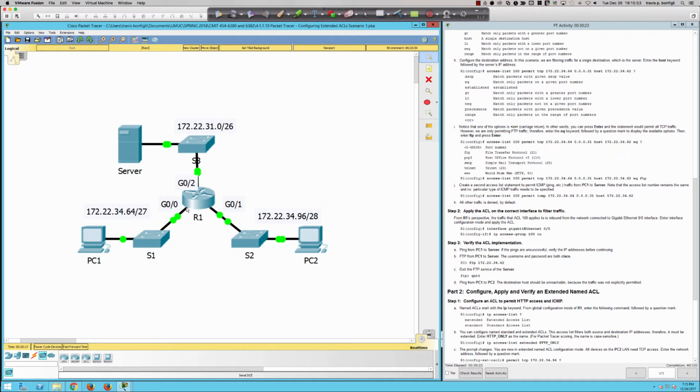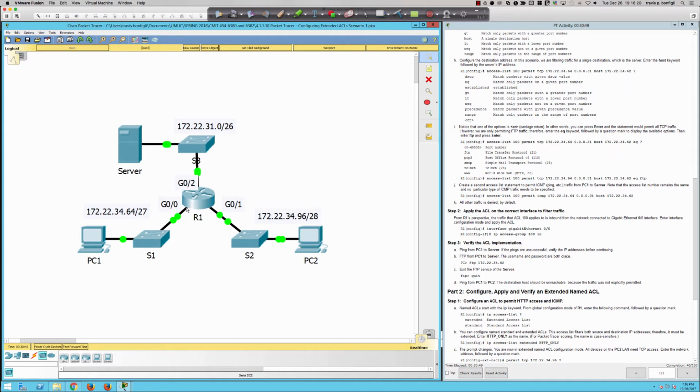Again, those are best practice recommendations. They are not hard and fast rules that you cannot deviate from, because there will be cases that you'll run into. In fact, some of the Packet Tracer activities I did for my CCNA course just this fall will show you that there are times where you're going to have an extended ACL and it's not going to be as close to the source as possible.